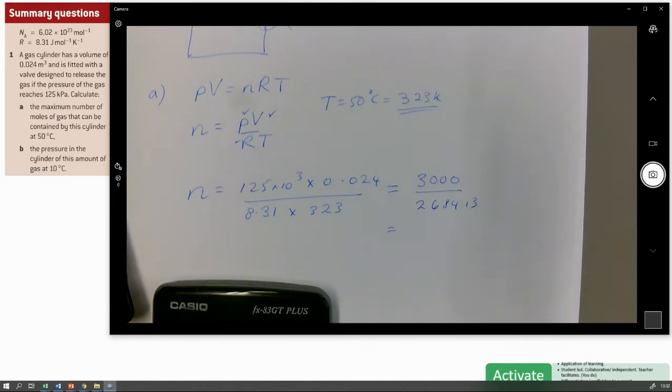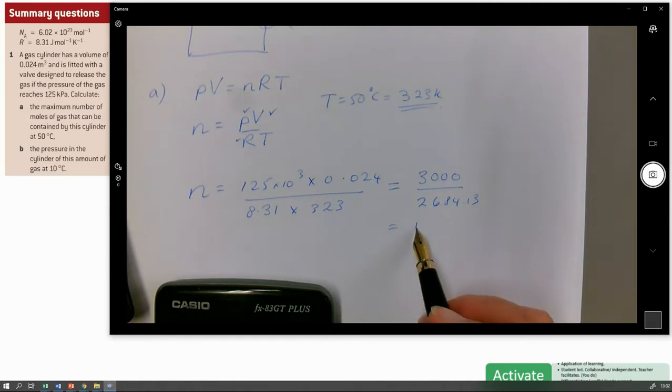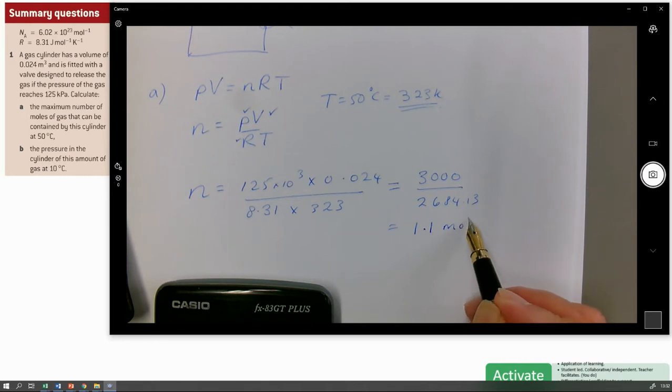Then I do 3000 divided by 2684.13, and my final answer is 1.117..., so 1.1 moles.